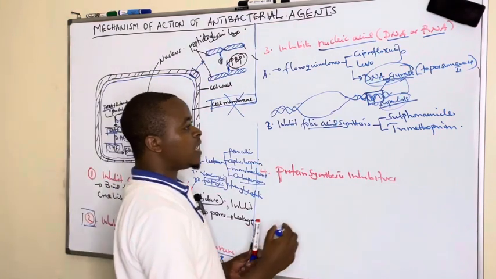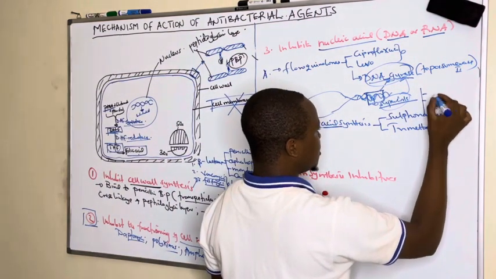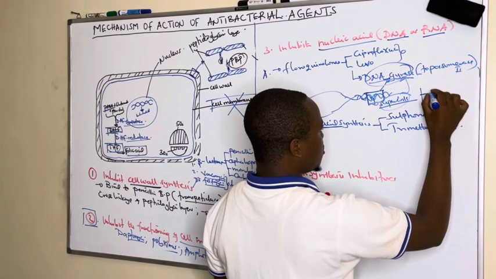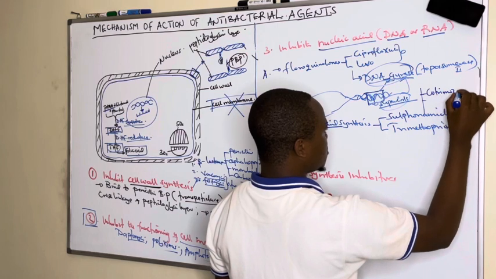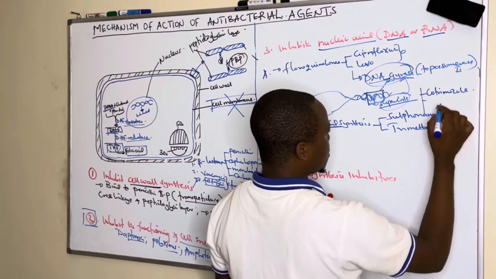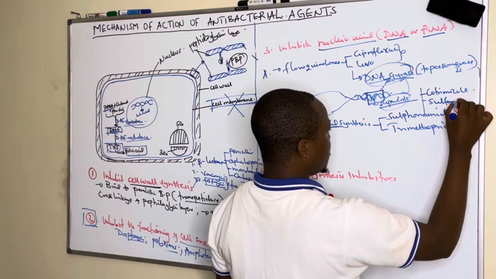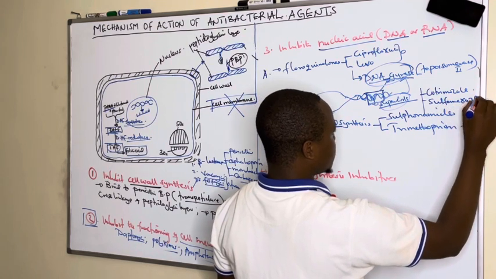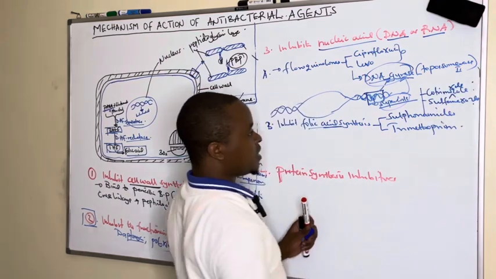Some of the examples of sulfonamides include cotrimoxazole, sulfamethoxazole, and sulfadiazine.